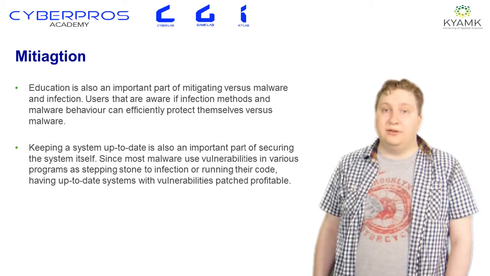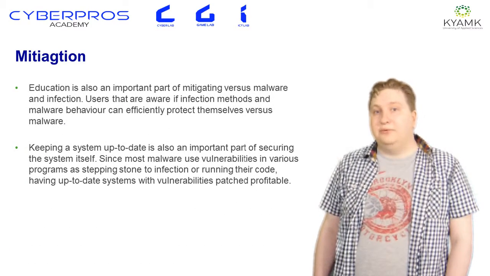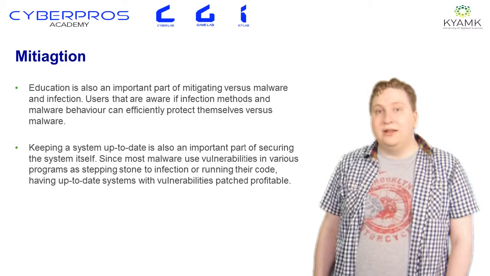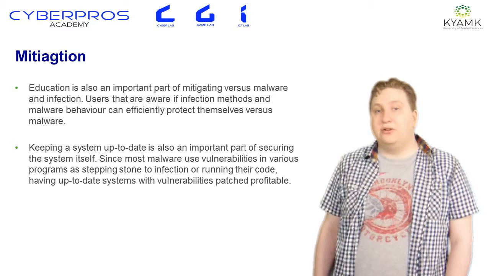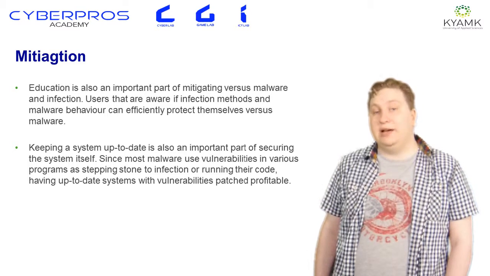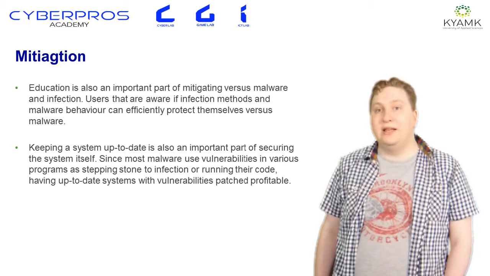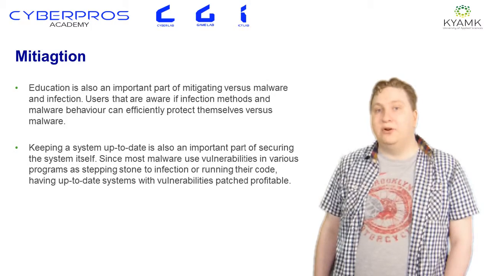Other forms of mitigation would be educating people on where not to go and what will usually cause infection, while also keeping your system, devices, and applications up to date, due to a lot of malware using vulnerabilities on older versions.